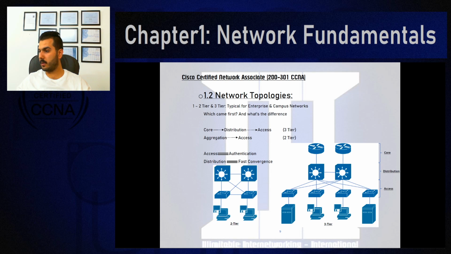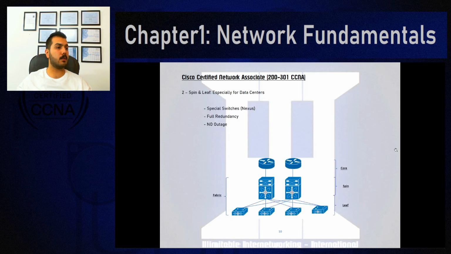Okay, next we have another type of design which is called spine and leaf. This type of design is especially for data centers. It is applied inside a data center, using special protocols and a special type of device called Nexus, the Nexus switches. This is a series of Cisco switches.